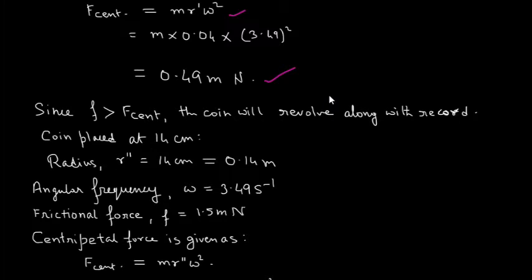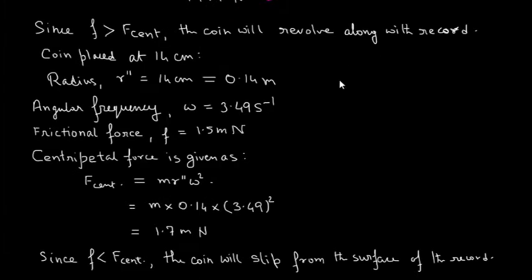Centripetal force is given by F centripetal is equal to m r double dash omega square. Since F is greater than F centripetal, the coin will revolve with the record.